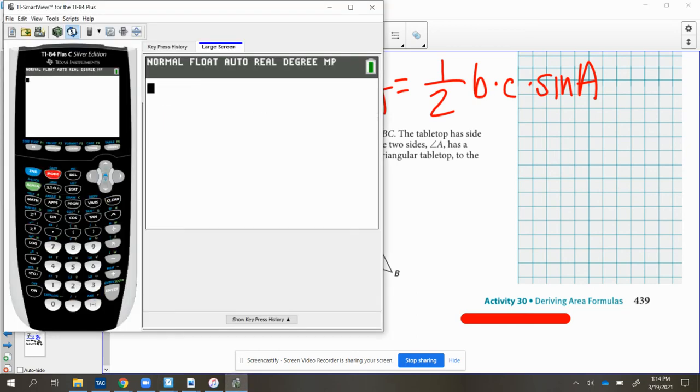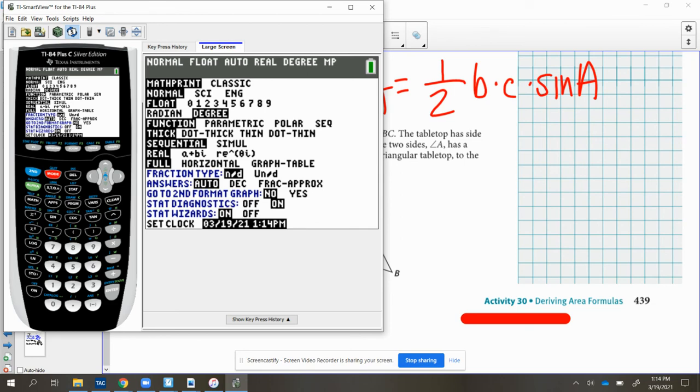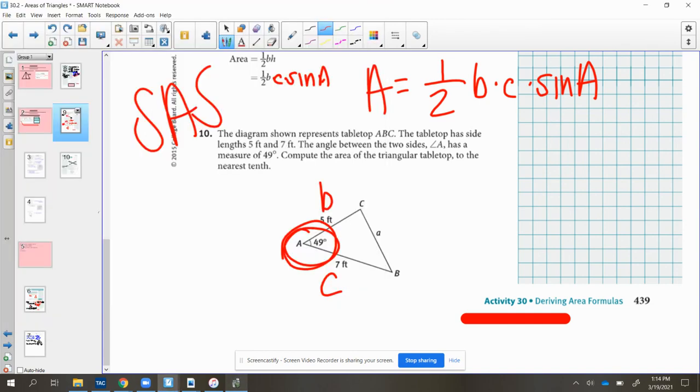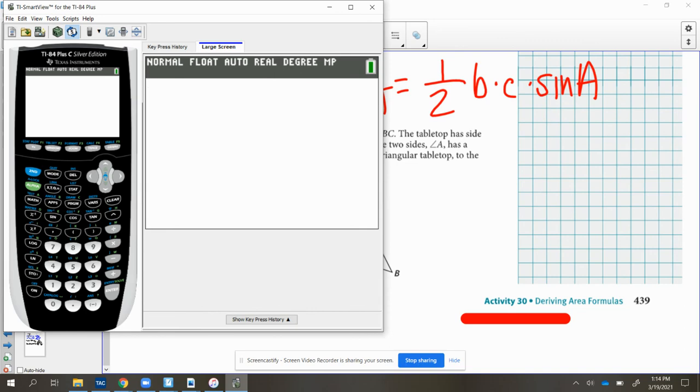So make sure the mode is in degrees. Cannot stress that enough, that you want to make sure you're in degrees. You'd hit mode, scroll down, scroll over, and hit enter if you're not. Okay, second apps to get out of this. Again, on Google, whatever calculator you're using, make sure you have that. And for this example down here, my side lengths are 5 and 7, and then my angle measure is 49.